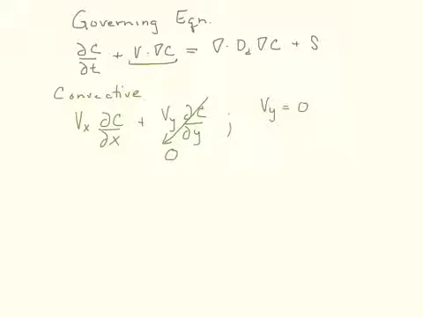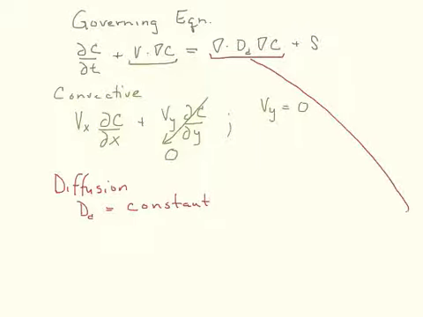Let's look at the diffusion term. For our diffusion term, we said that D sub d, we have constant material properties. So that means for this term we will get D sub d del dot del c.